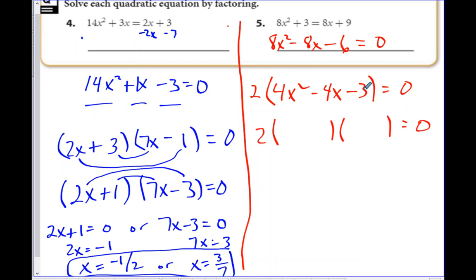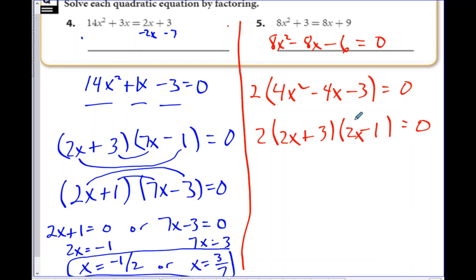So my options, again, I see minus 3, so I know one's going to be plus and one minus, right? And the only factors of 3 are 3 and 1, so I could start by trying plus 3 minus 1, and then think about the factors of 4. 2 and 2, so you could try 2x and 2x.